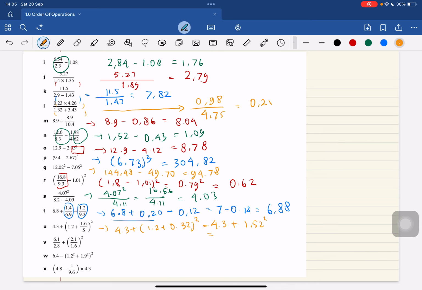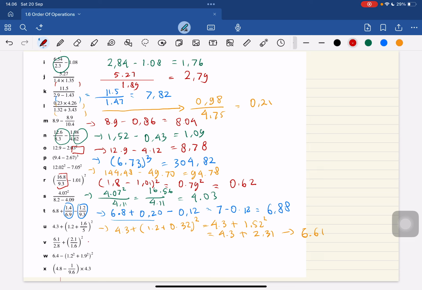So we write it 4.3 plus, let's make it, 1.52 squared is 2.31. So let's do the addition, 4.3 plus 2.31. So the answer is 6.61.